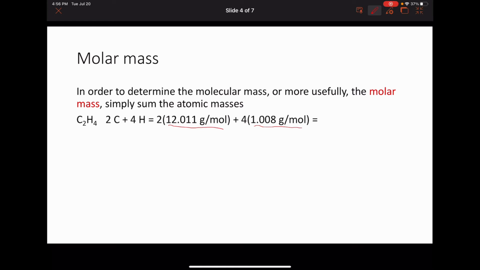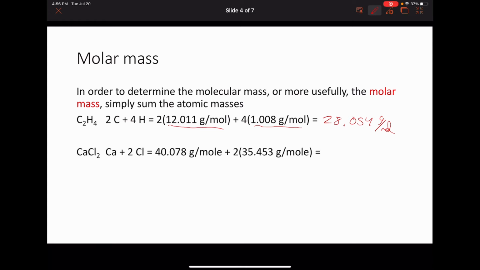So we've got 2 times 12.011 plus 4 times 1.008 is 28.054 grams per mole. And that would be the molar mass of C2H4.